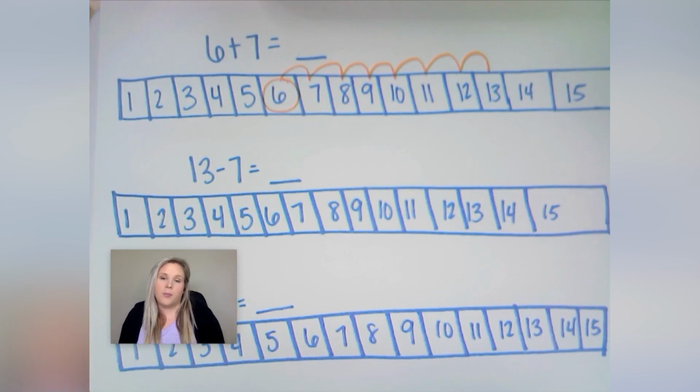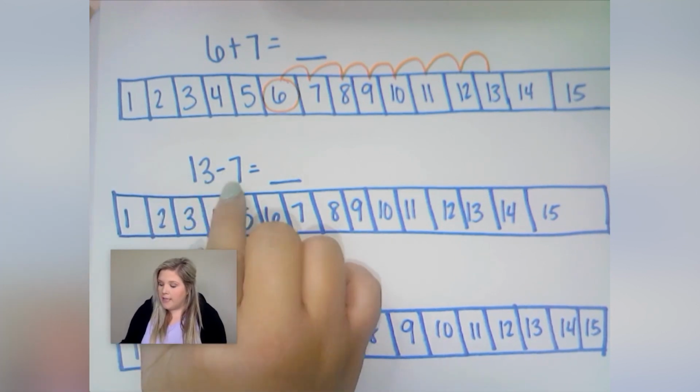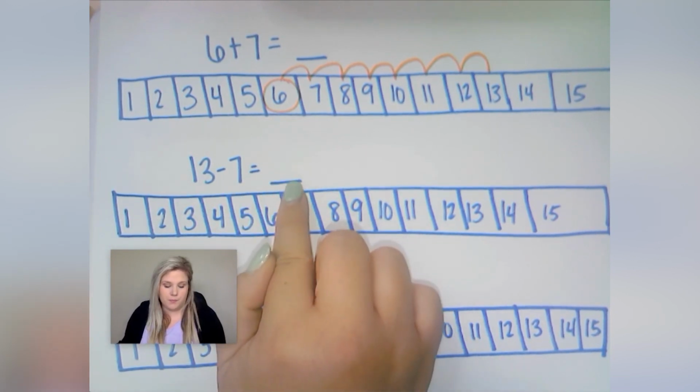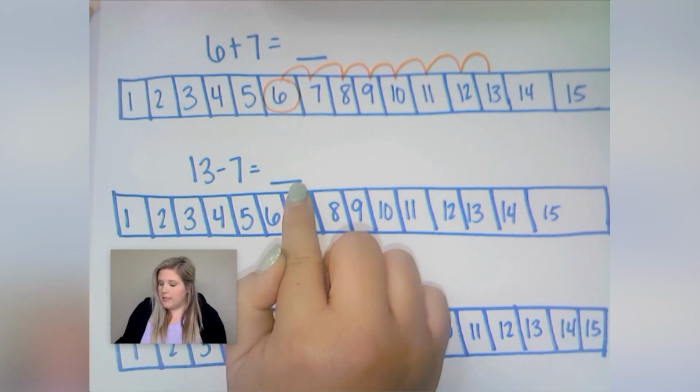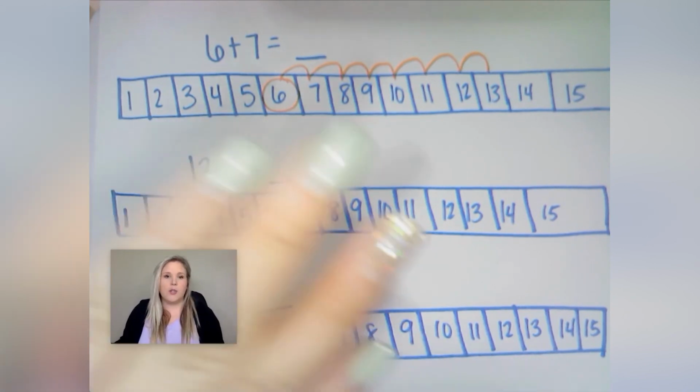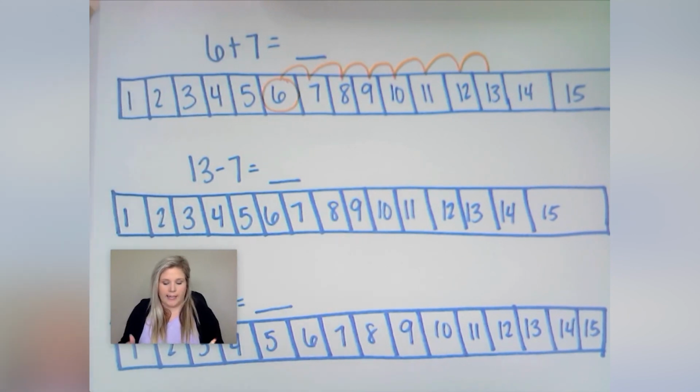I'm going to read the problem out loud. The problem states 13 minus 7 equals some number. Now, I want you to take a look at 13 minus 7. How can you use the first problem to find the missing number in this problem?